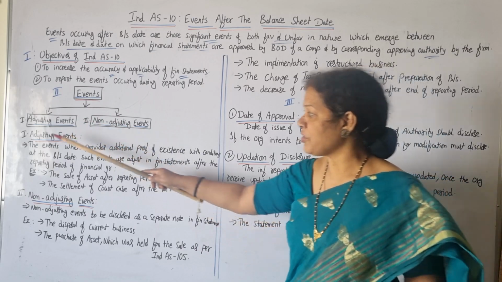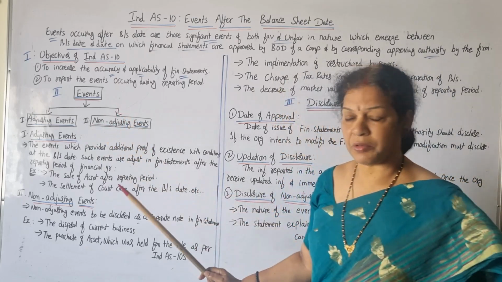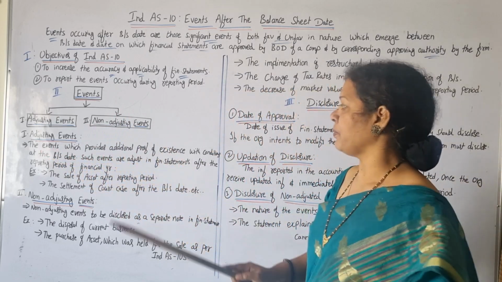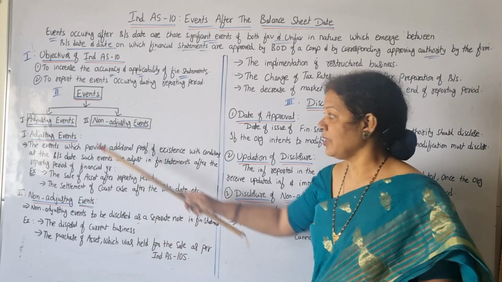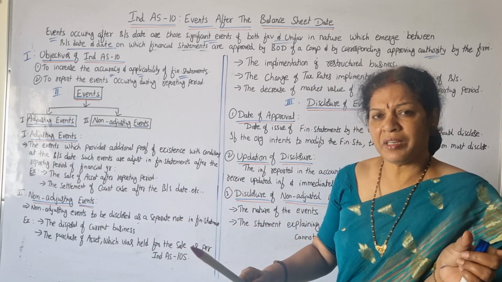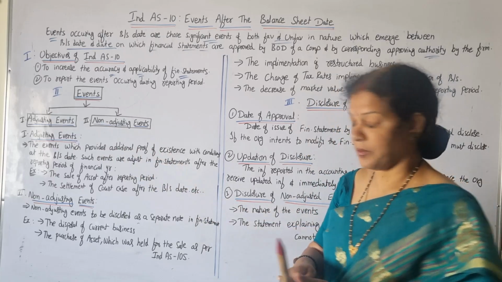Okay. Now let's talk about the adjusting events. A few points you have to remember. The events which provide additional proof of existing conditions can be adjusted. When can we adjust it? When the events provide additional proof.